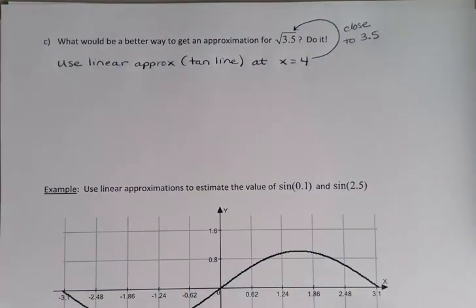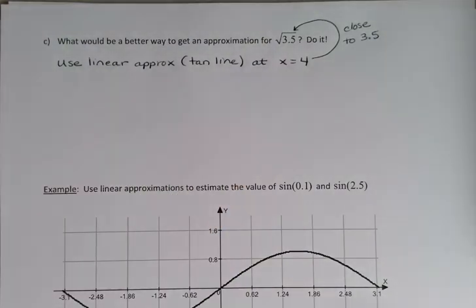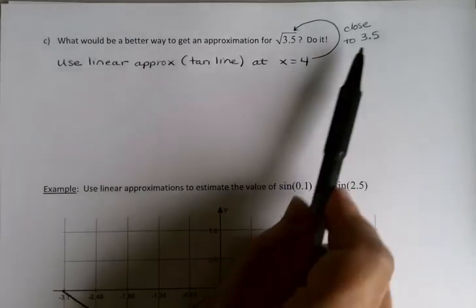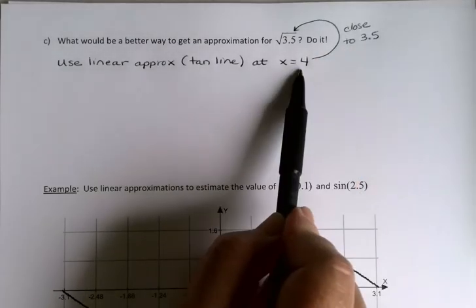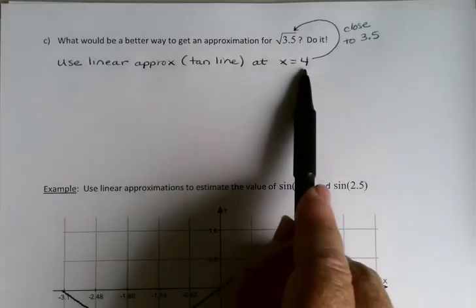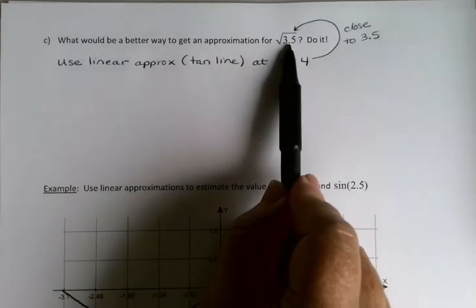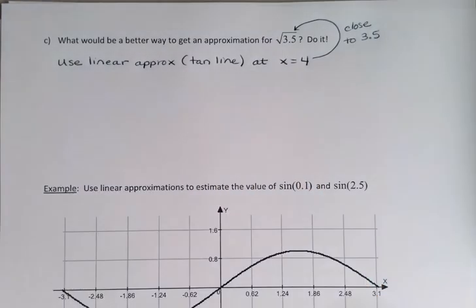The other reason that I chose specifically 4 is the square root of 4 comes out evenly, so it's going to be an easy number to work with. 3 would have also been close to 3.5, but the square root of 3 doesn't come out evenly, so I'd rather not use it. So when you're choosing the point to do your linear approximation at, you want to pick a point close to the value you're looking for, but also a point that works out really nicely when you plug it into your function.